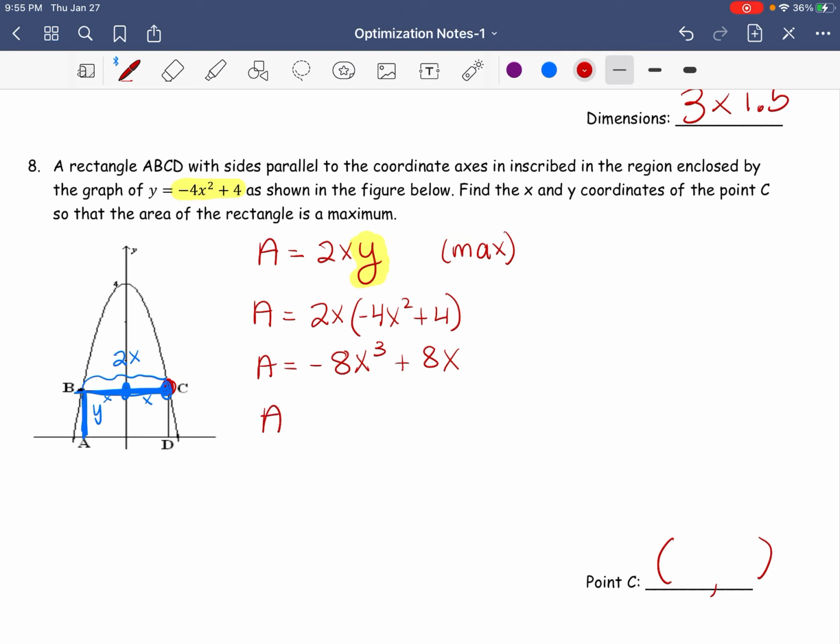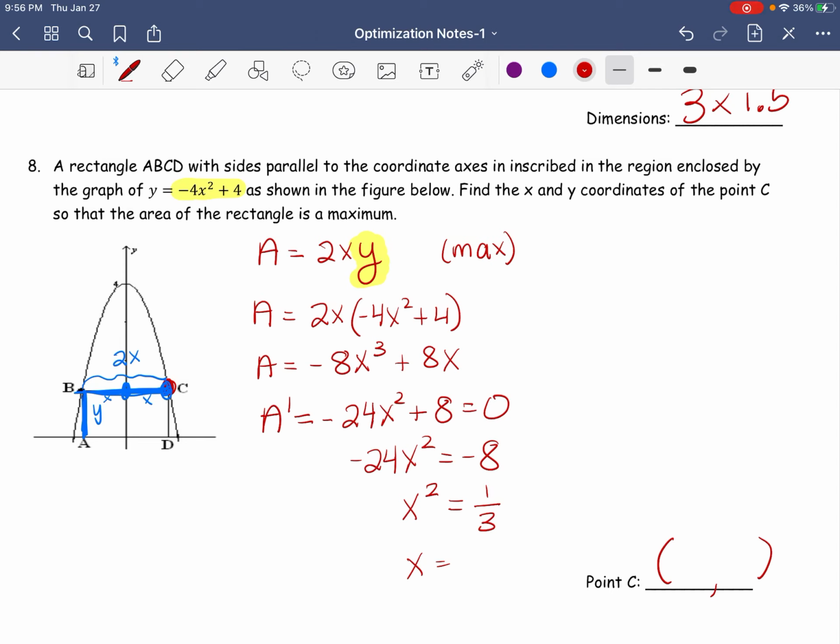Now I'm ready to take the derivative, A prime: negative 24x squared plus 8. Set it to 0. x squared is 1/3, so x is going to be plus or minus the square root of 1/3.